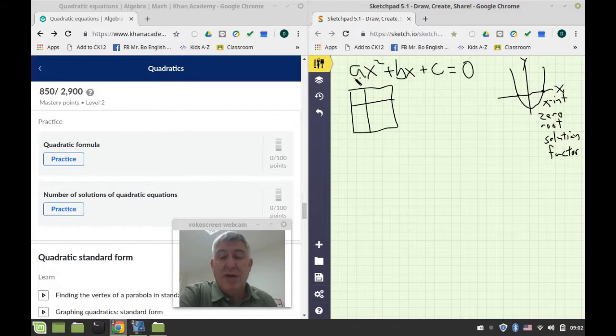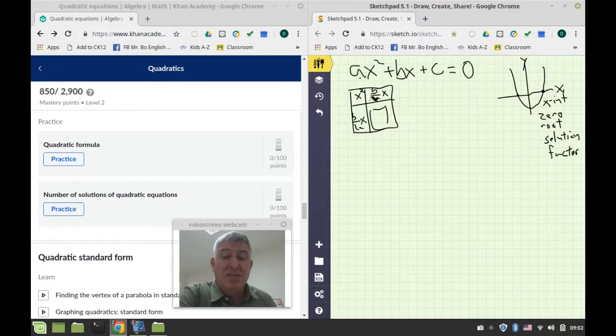We either pulled a out and then solved here, or we could divide by a and go that way, and we ended up with something that looked like x squared plus b over 2a x and b over 2a x, and then we needed something up in there to complete the square. And we can do that to solve the problem, and we've learned how to do that.